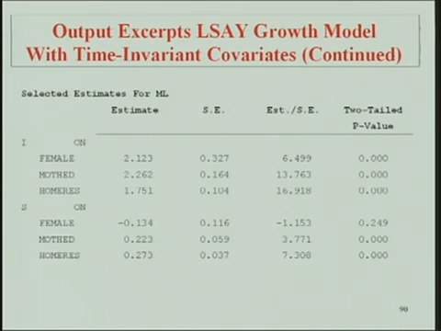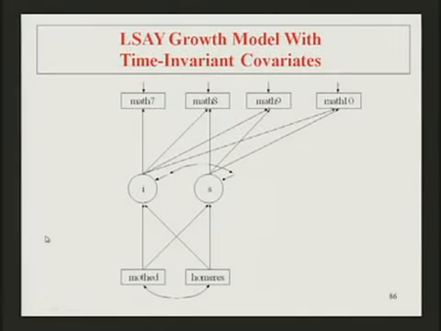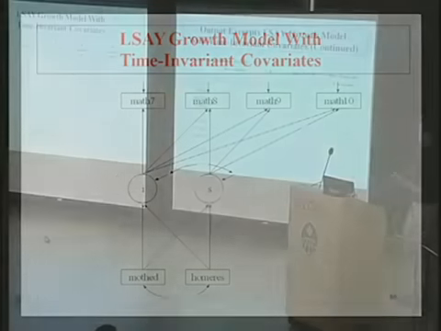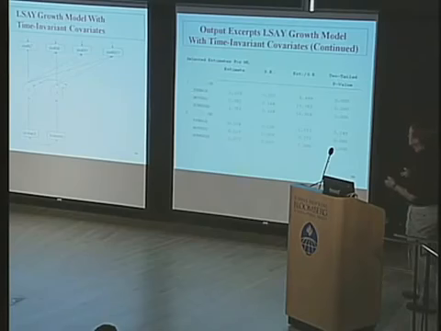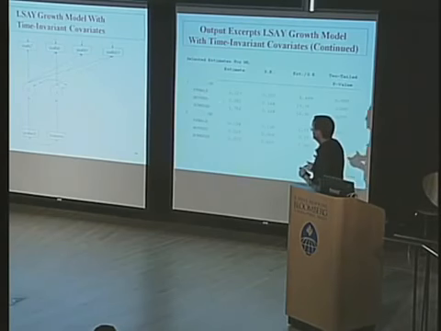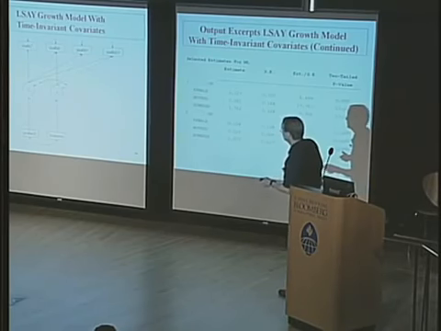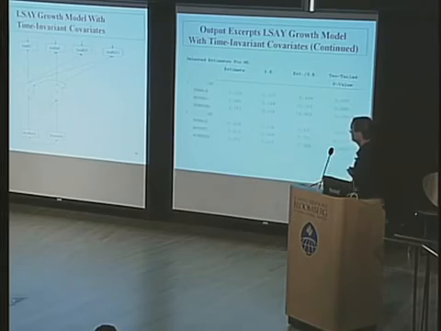And we're focused on the structural part of the model, or what HLM modelers will call level 2. Here the picture is a little skewed. We have female as well. There should be yet another covariate here. It's a modification I did recently. I forgot to include it.